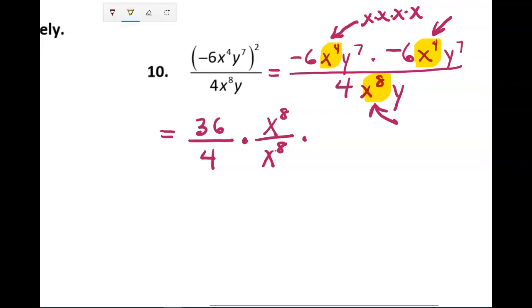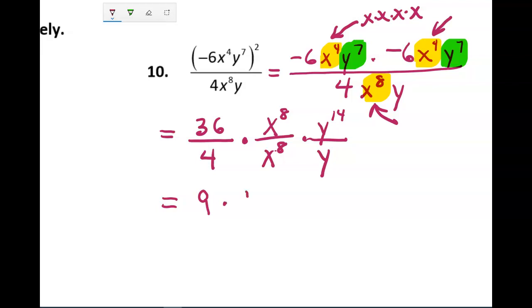All right, now let's think about the y factors. So y to the 7th times y to the 7th. If you think about that all stretched out, that's a total of 14 factors of y. And then downstairs we have 1. All right, let's do a little simplification. 36 over 4 is 9.